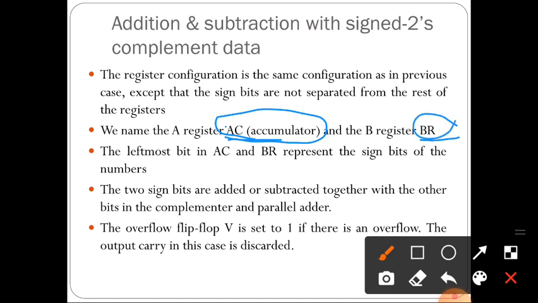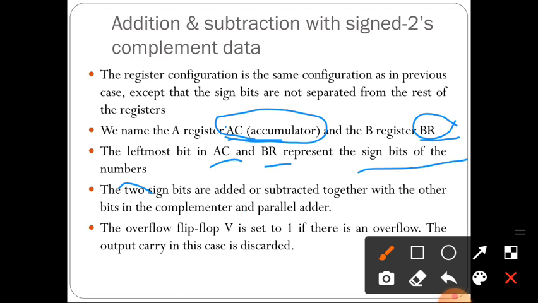The leftmost bits of AC and BR represent the sign bit of the number, and the two sign bits are added and subtracted together with the other bits in the complementer and parallel adder.